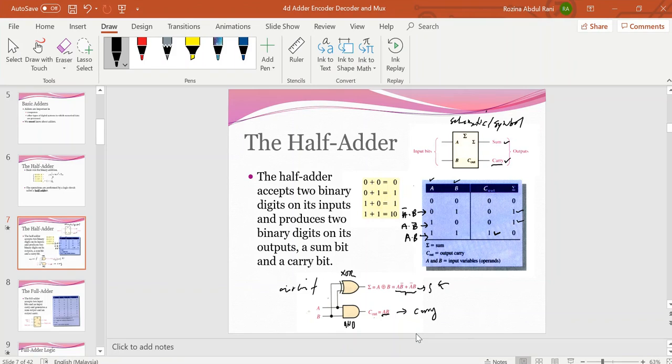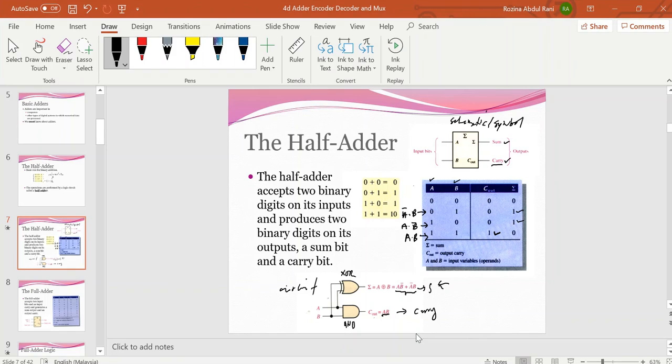Yeah, so refer to what is minterm. And then from here we can get the Boolean function for each operation, yeah, for sum and carry.